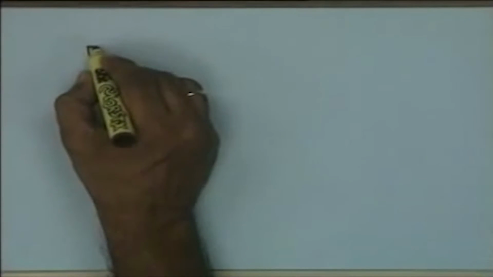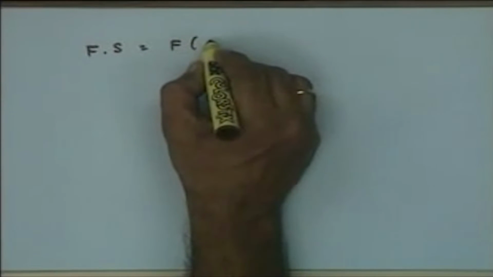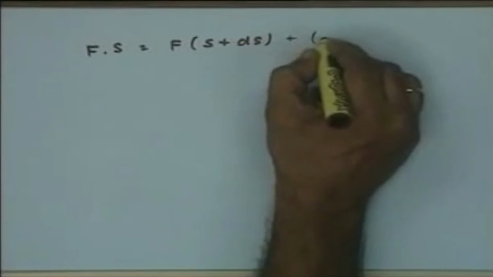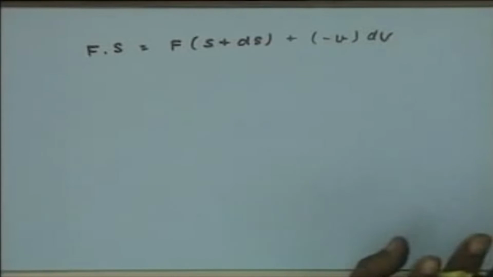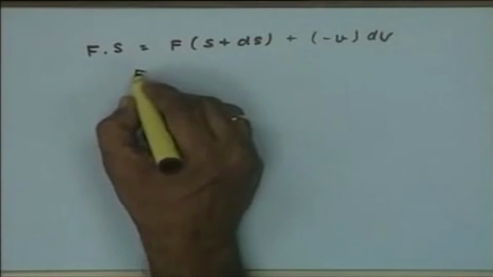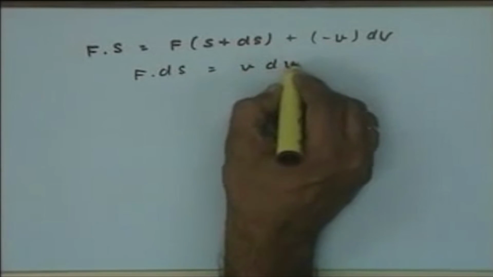Now, under these conditions one can write the material balance as input equal to output, S plus dS, plus disappearance by the reaction. Now, under steady state, assuming that the accumulation is 0, one can simplify it to get F dS is equal to v into dV.